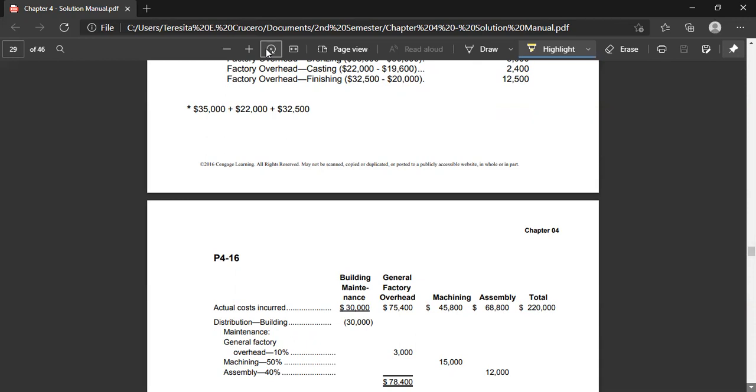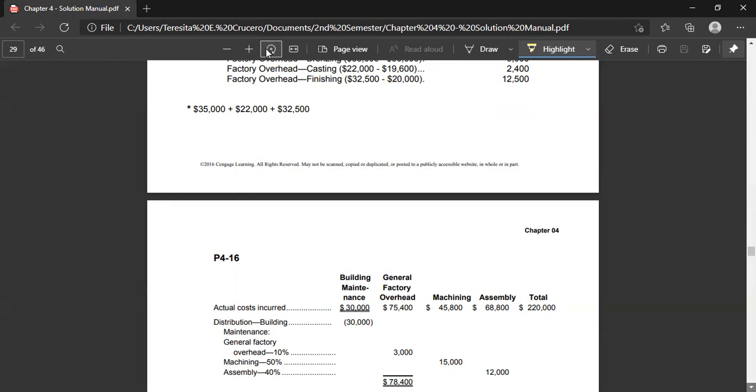To general factory overhead 10%, machining 50%, and assembly 40%, and now we are using the sequential distribution or the step method. So you are given the rates to be used in the distribution of the building maintenance cost. So we now use 10%, 50%, and 40%.